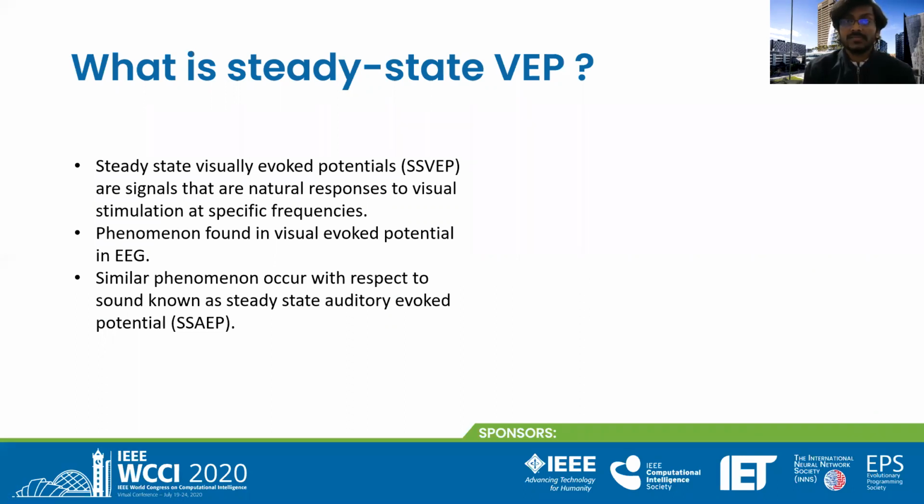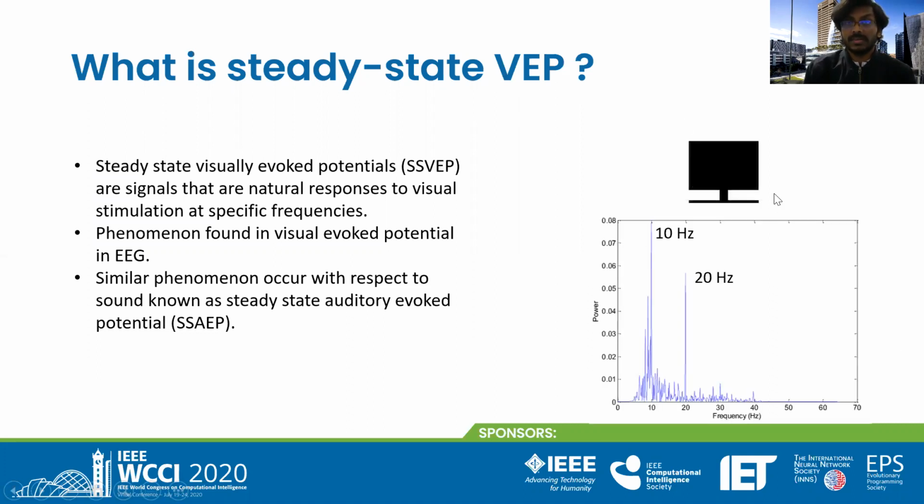If we replace the visual stimulation with audio stimulation, then the same SSVEP changes to a steady state auditory evoked potential, again measured by EEG. But if we change to MEG, it again becomes visual evoked fields.